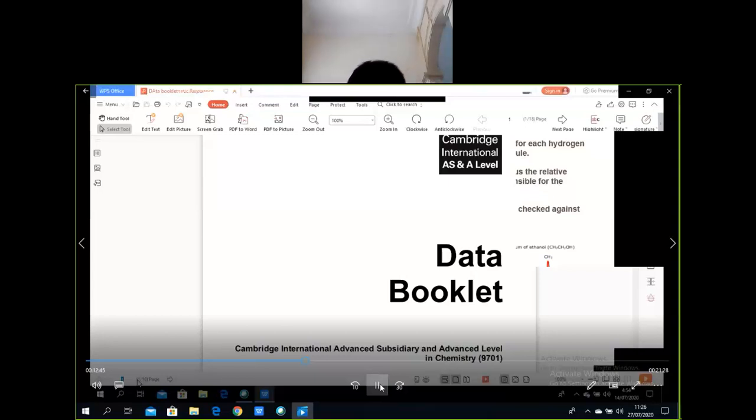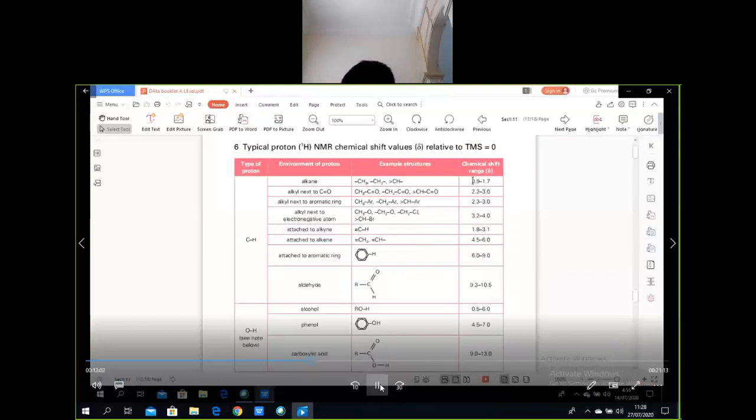So we can check this one, alkanes. This corresponds to the chemical shift at 0.9 until 1.7. And then this one, all the structures and also the functional groups of each organic molecule.